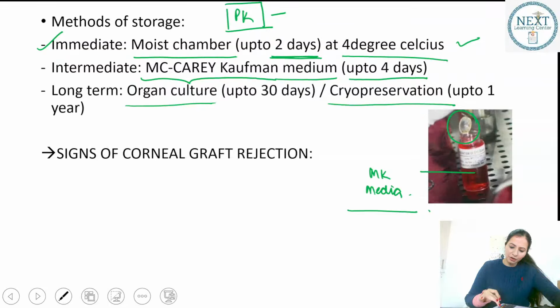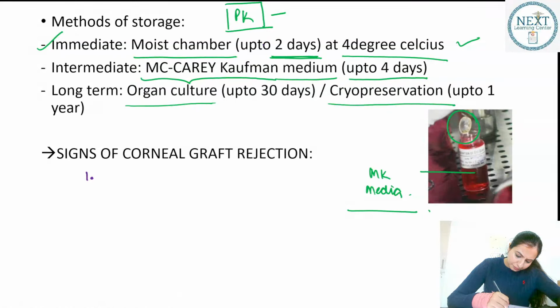Sometimes after doing the cornea transplant, the graft gets rejected. Now what are the signs of graft rejection? Remember, number one is the Khodadoust line. What is this line?